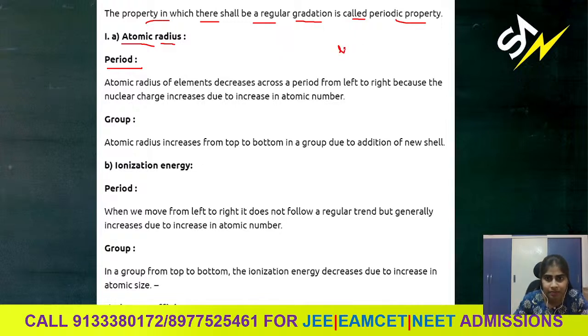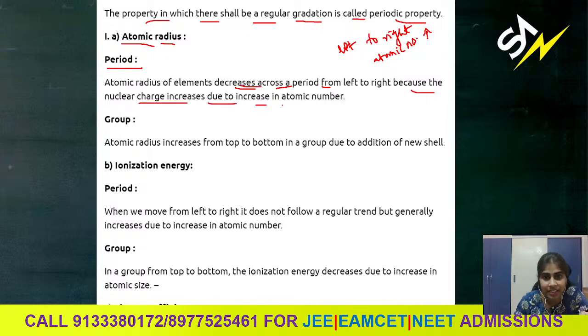If we move from left to right, what happens to the atomic number? Atomic number increases. So that is what you need to write. Atomic radius of elements decreases across a period from left to right because the nuclear charge increases due to increase in atomic number.